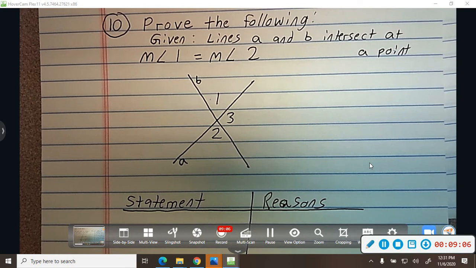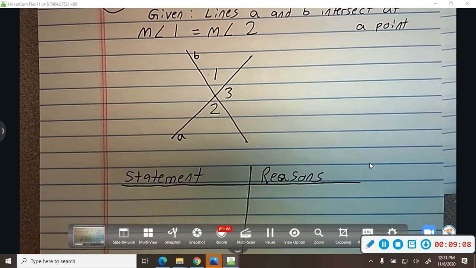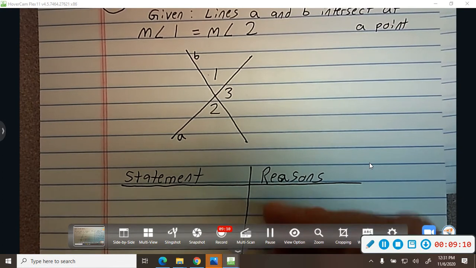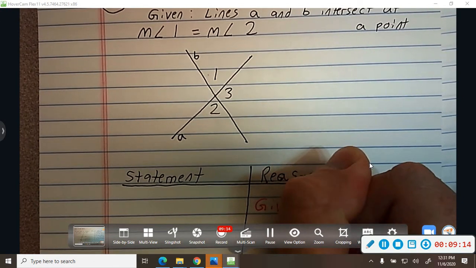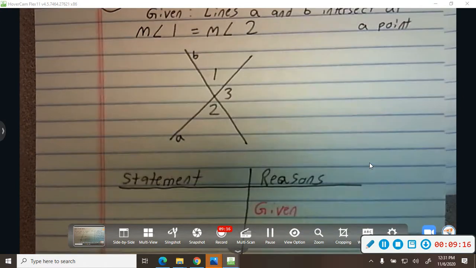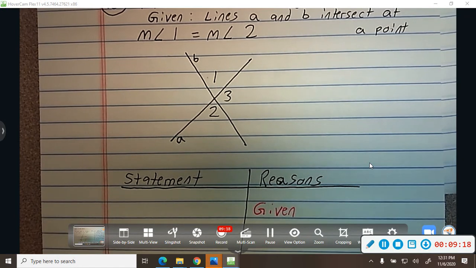So your first step when you're doing a proof is to write out the given. And all they told us was one given. Lines A and B intersect at a point.